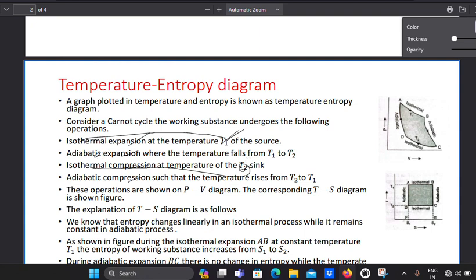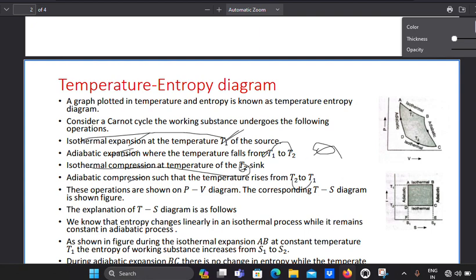And in adiabatic, Q is constant but not the temperature. Heat energy is constant. But in adiabatic expansion, the temperature falls from T1 to T2, and in adiabatic compression, the temperature rises from T2 to T1.